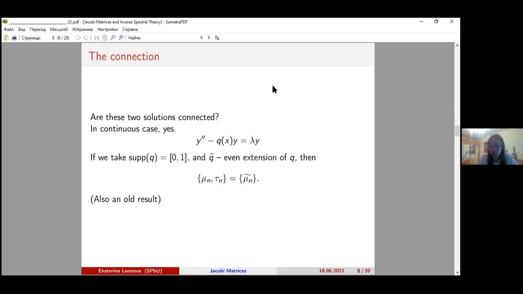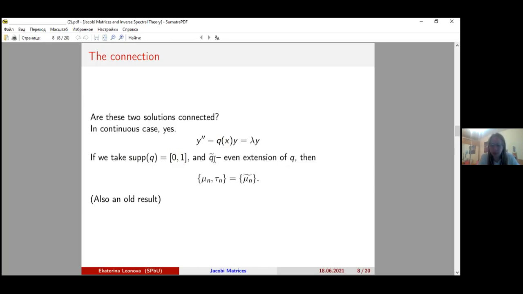And it turns out that these are actually two ways to approach one solution. It was known in the continuous case. If we take this equation, but not any function q, but one with the support on 0, 1, or well, it can be any finite support, it's just easier to take 0, 1.